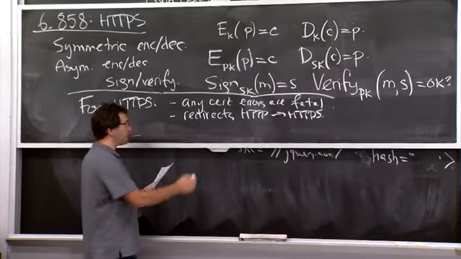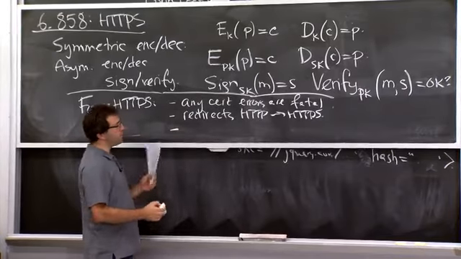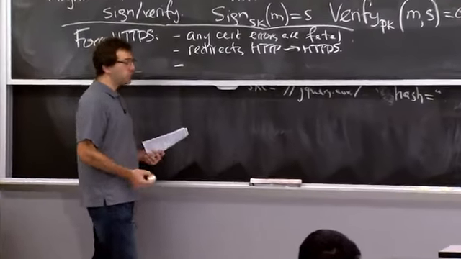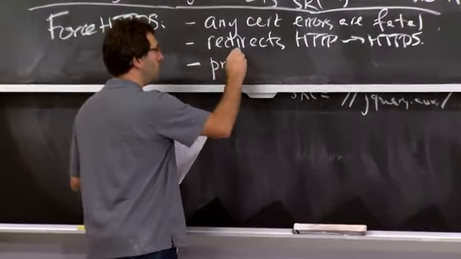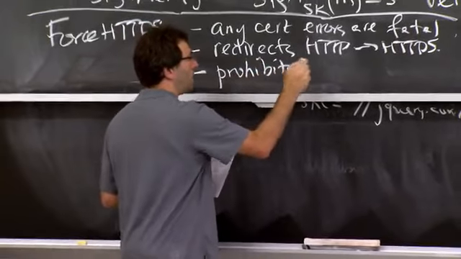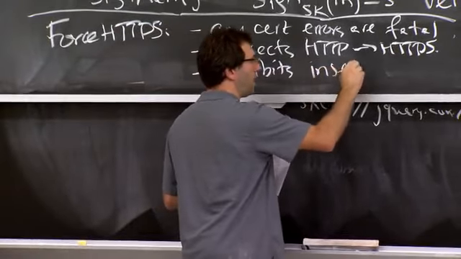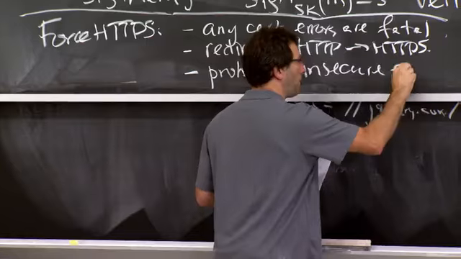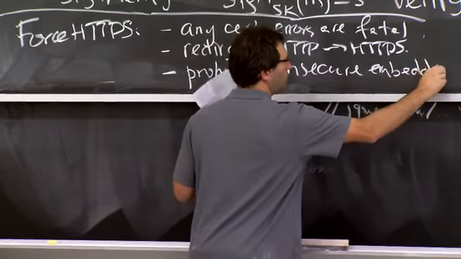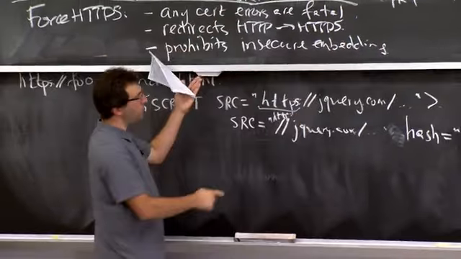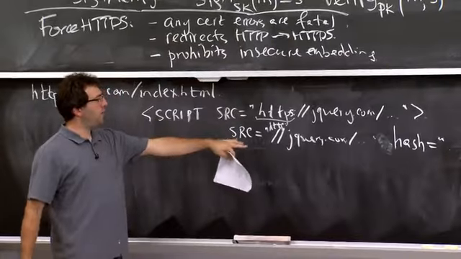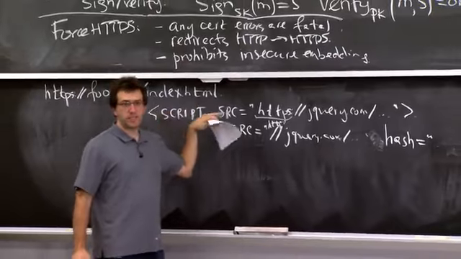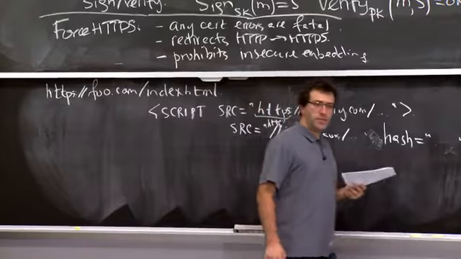And the last thing that this force HTTPS setting changes is that it prohibits this insecure embedding that we looked at below here, when you're including an HTTP URL in an HTTPS site. Make sense?